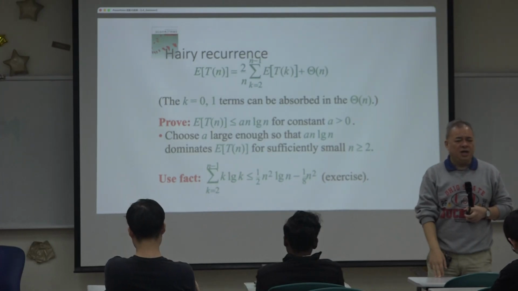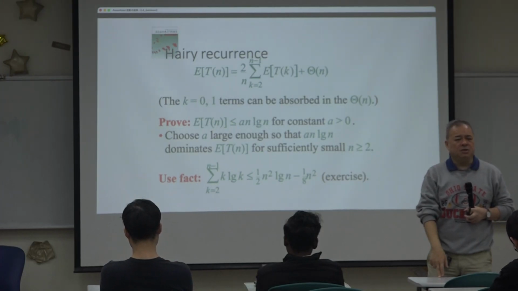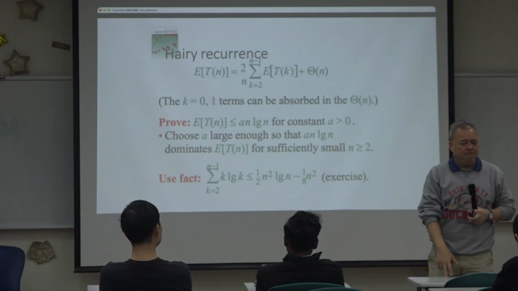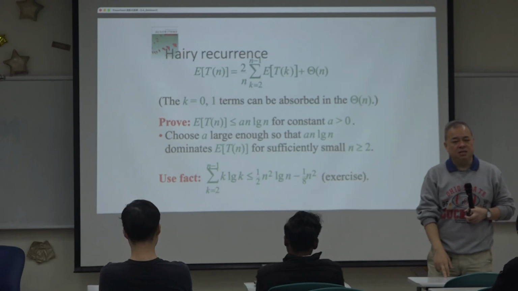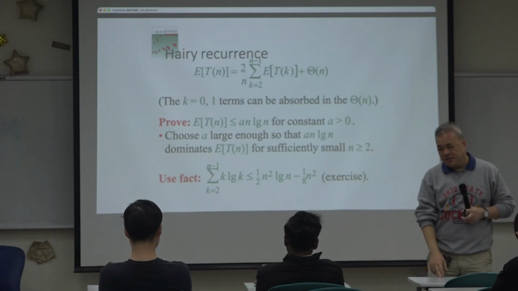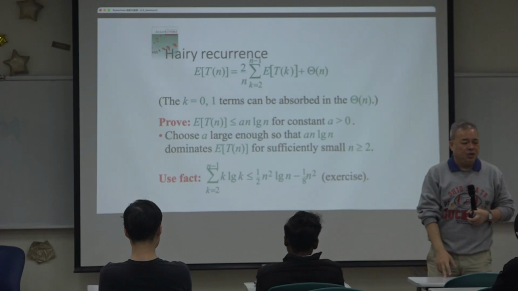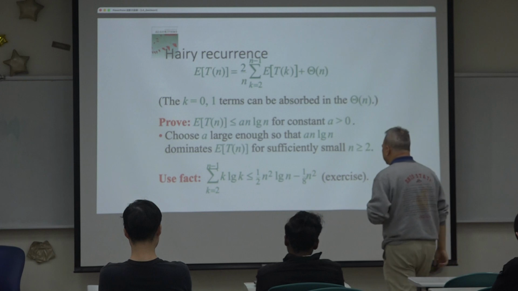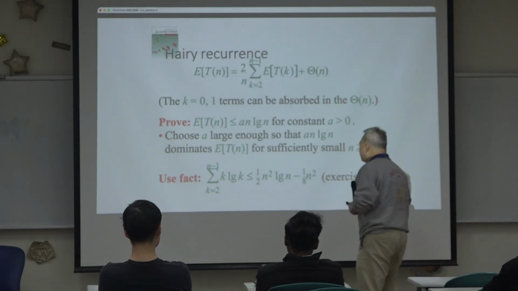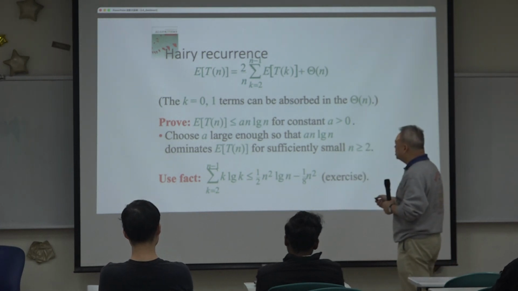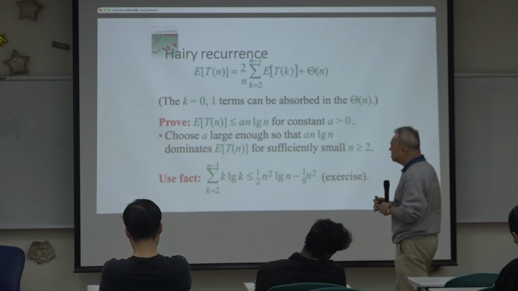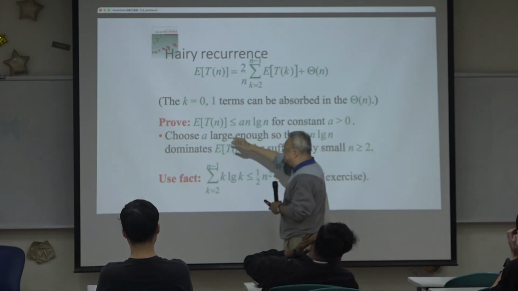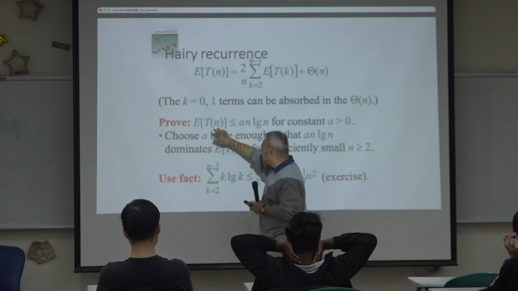Because we are going to make use of an inequality which has something to do with this index. So this is what we want to do. It's the expected value of P of n.